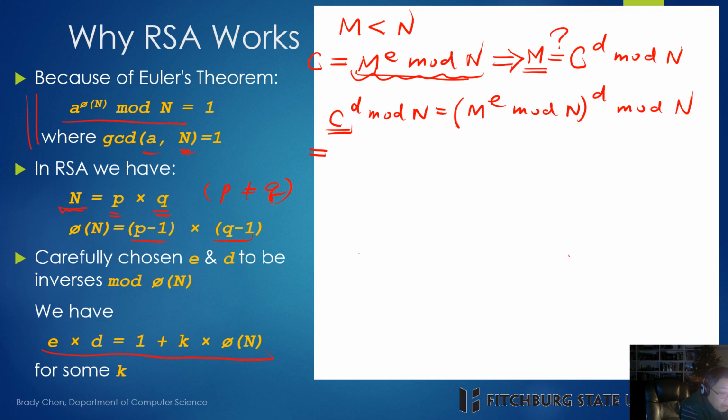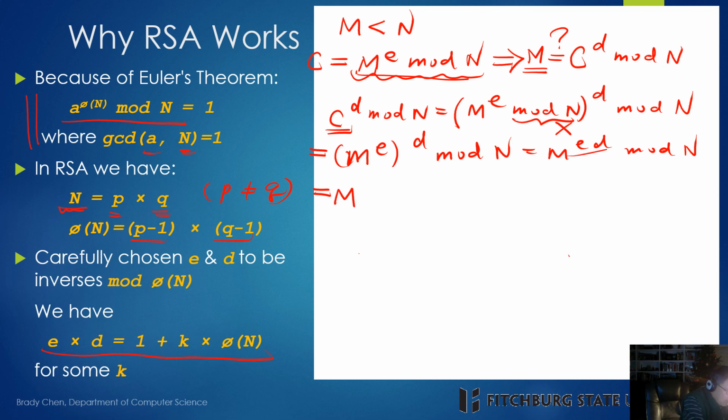Then we can remove one of the modulars by the property of modular operation, so we can write it as m to the e to the d mod n, or m to the ed mod n. Now we replace ed using this expression: ed can be written as 1 plus k times phi of n, mod n.